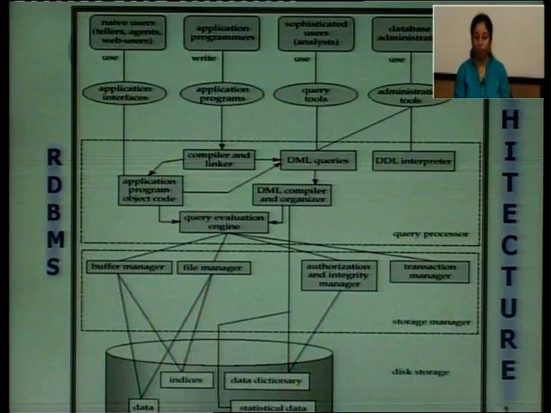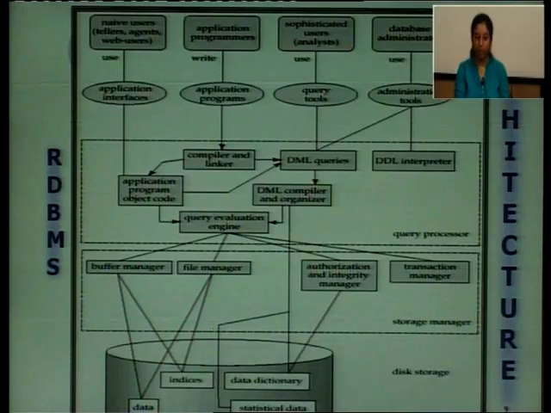These four types of manager are under the storage manager, and then they forward the data to the disk storage device, which includes the whole data, indices, data dictionary and statistical data. This is the important architecture of the data modeling or relational database management system.